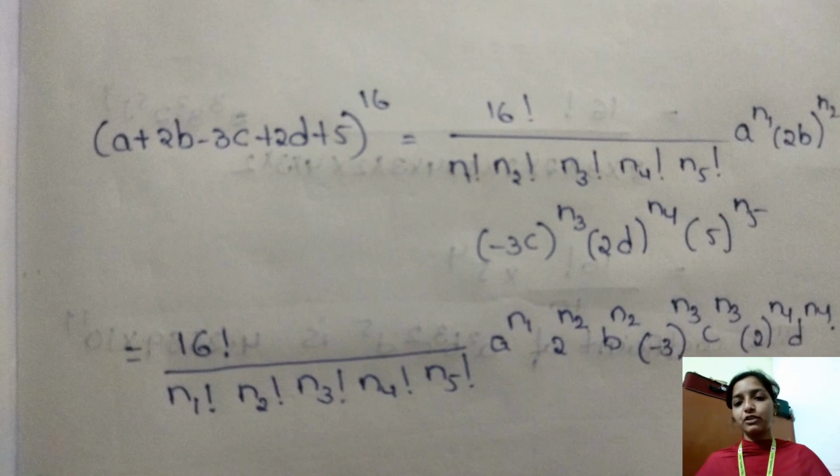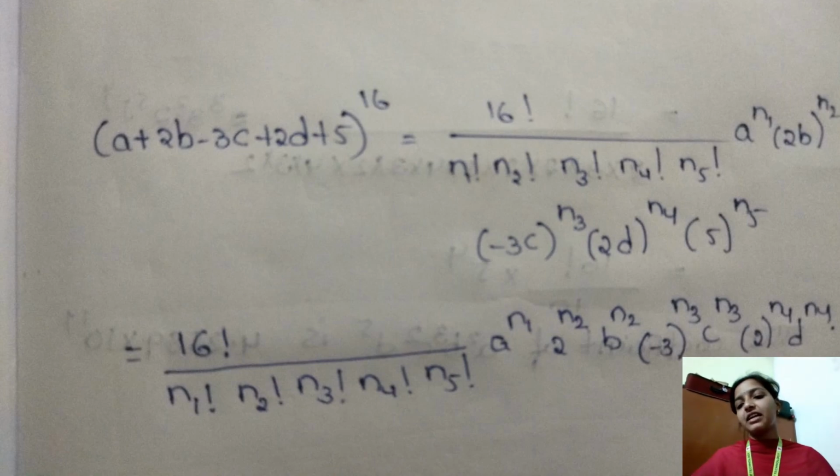The formula is n factorial by n1 factorial, n2 factorial, n3 factorial, n4 factorial, n5 factorial. In the place of n we substitute 16: 16 factorial by n1 factorial, n2 factorial, n3 factorial, n4 factorial, n5 factorial.